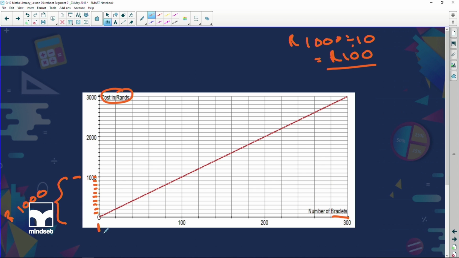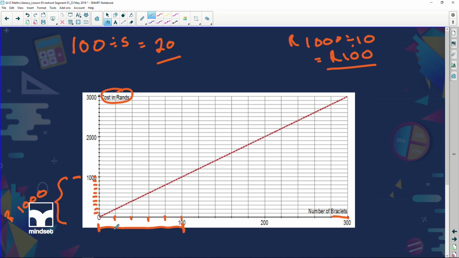So this distance from here all the way to here represents 100 bracelets. So I have 100 bracelets. How many little blocks do I have? Let's have a look. 1, 2, 3, 4, 5 blocks. Okay. So if I say 100 divided by 5, I'm going to land up with 20.